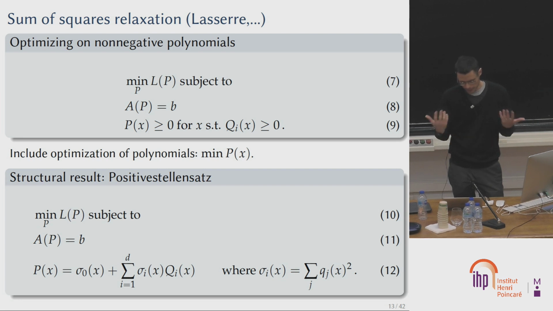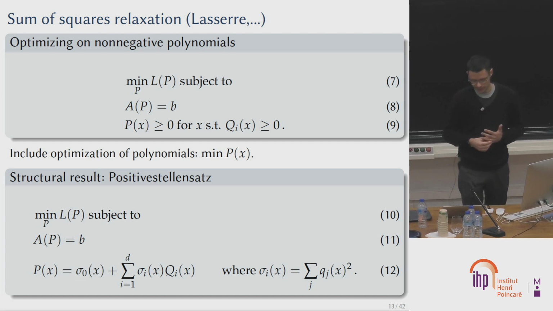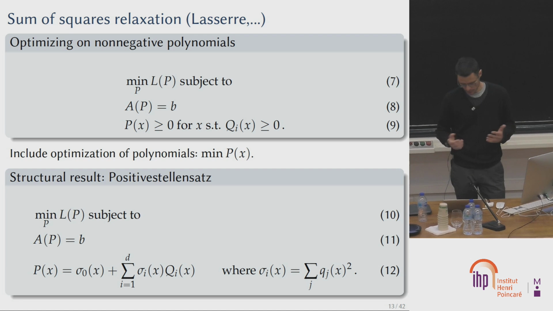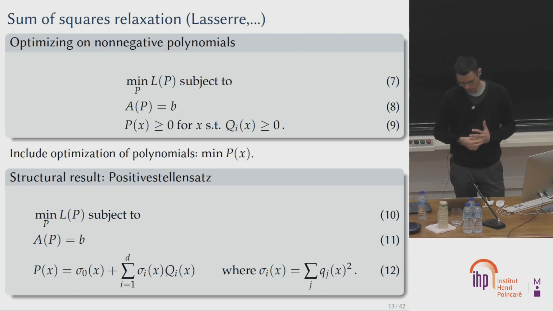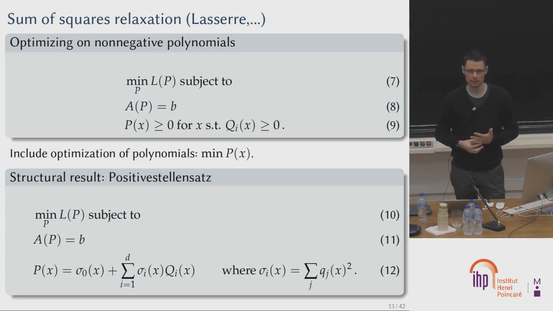And under mild assumptions, you need a structural result here, which is called the Positivstellensatz. You can minimize a linear functional on your space of polynomials. You can minimize a linear functional on the coefficients, subject to constraints, and at least an optimizer satisfies that you can write it as a sum of squares.